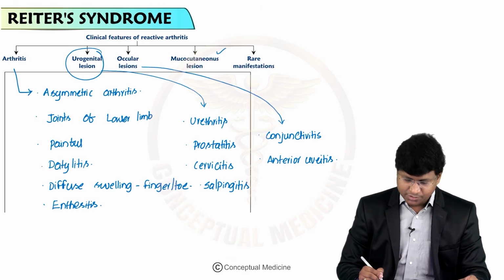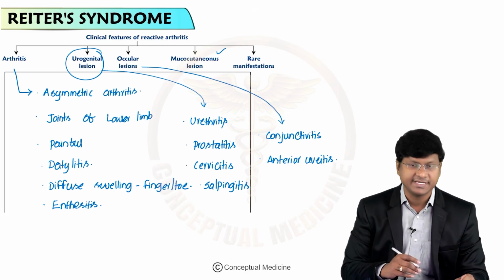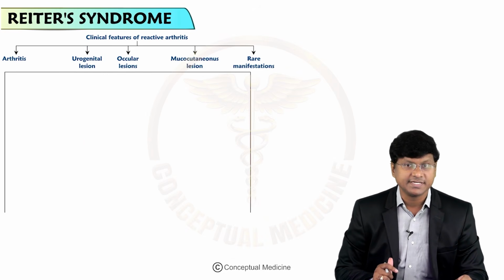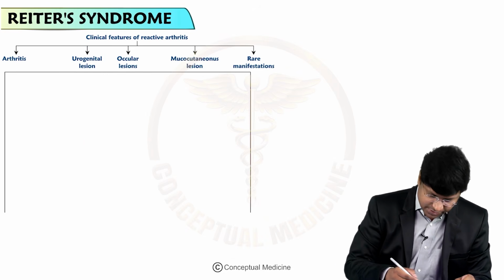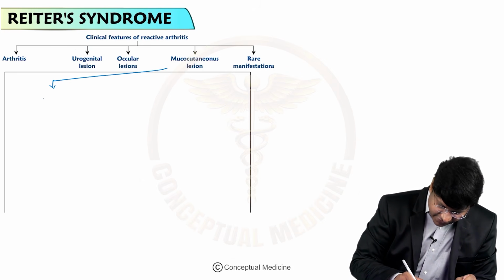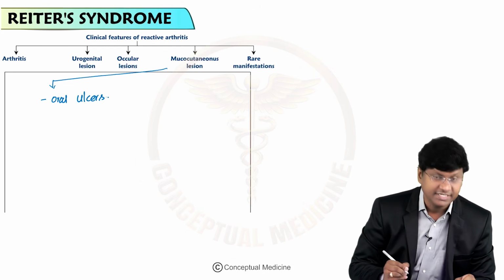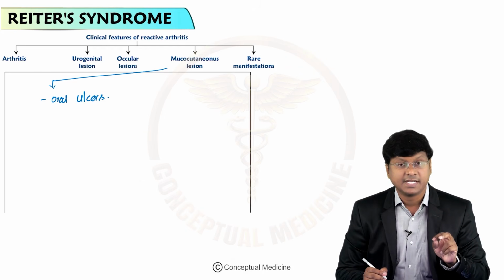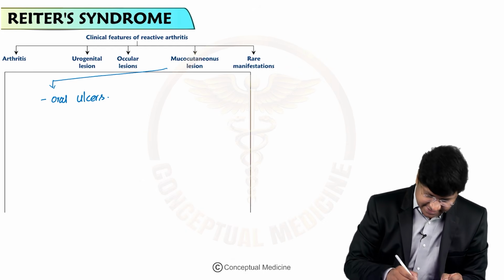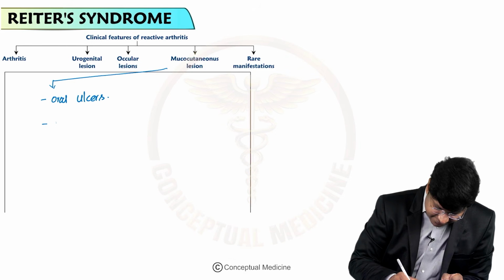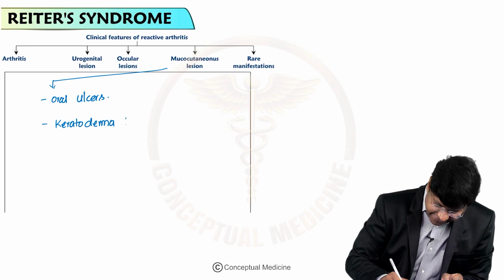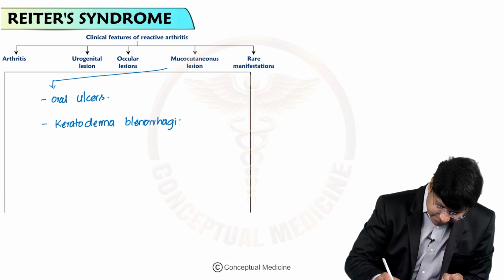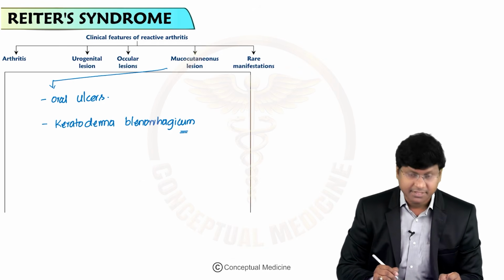Then we also have the mucocutaneous lesions, that is the skin lesions which I was discussing. These mucocutaneous lesions will be in the form of, number one, oral ulcers. Number two, we have the hyperkeratotic lesions which I was just discussing, and that is keratoderma blennorrhagicum.